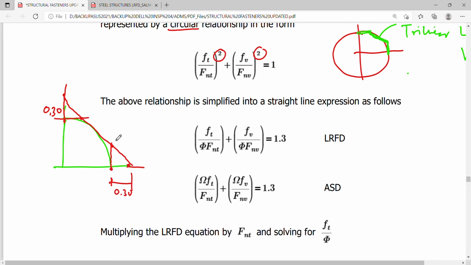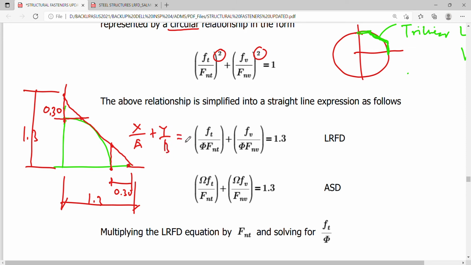So that's why if I make use of this line, the 1.3 here simply defines the intercept here. Okay, so we take note that the equation of a line using the intercept form is simply in this format wherein x over a plus y over b is simply equal to the intercept k.